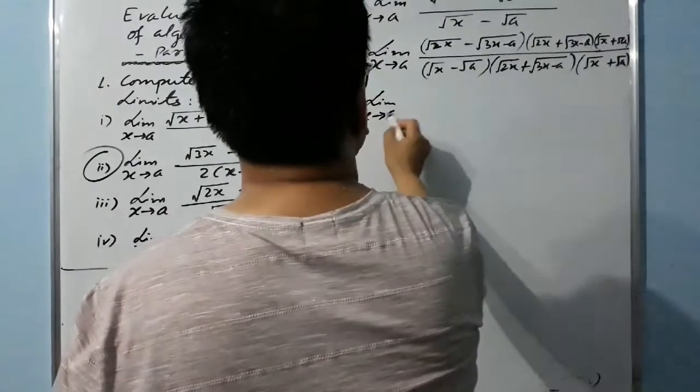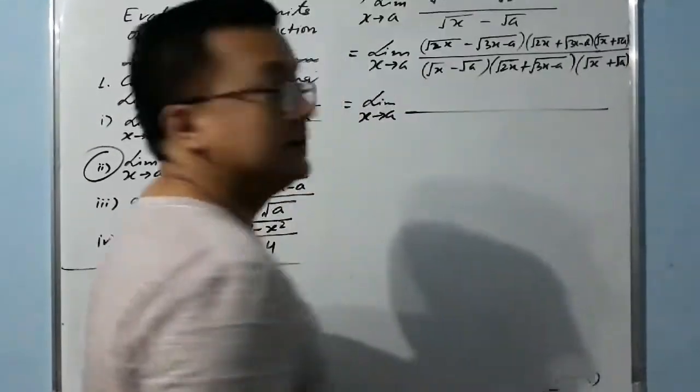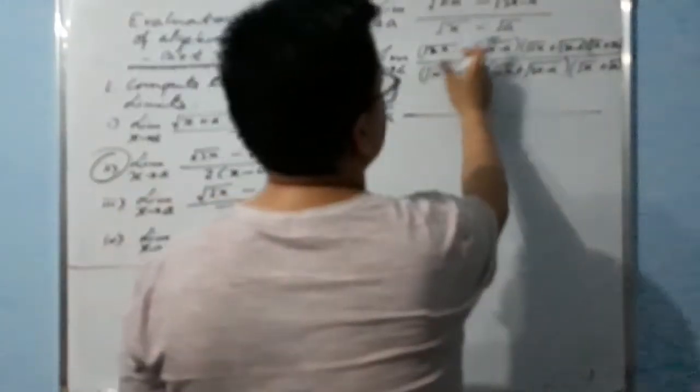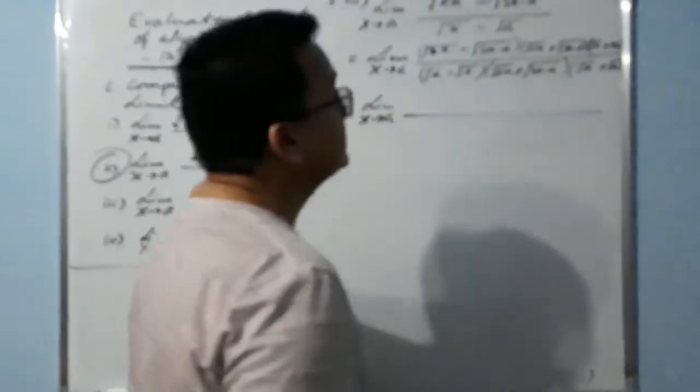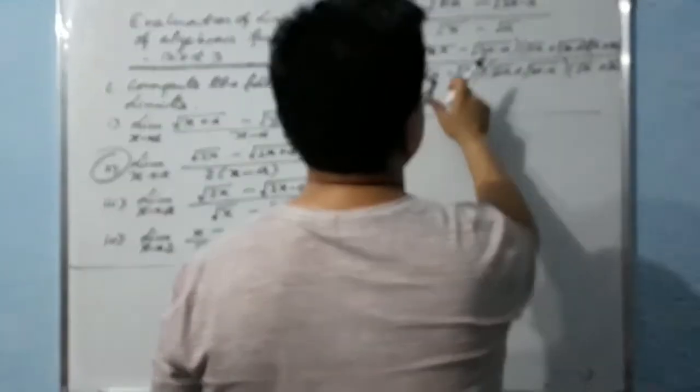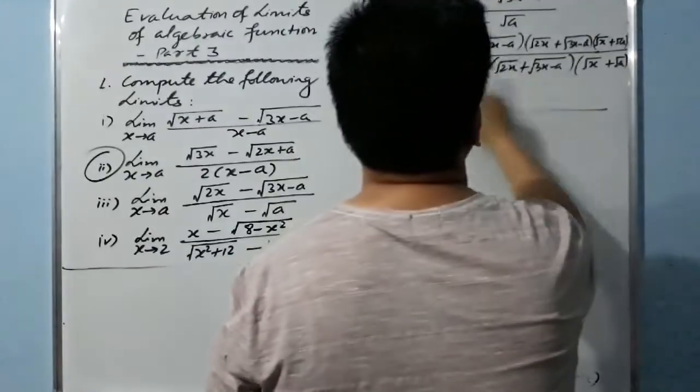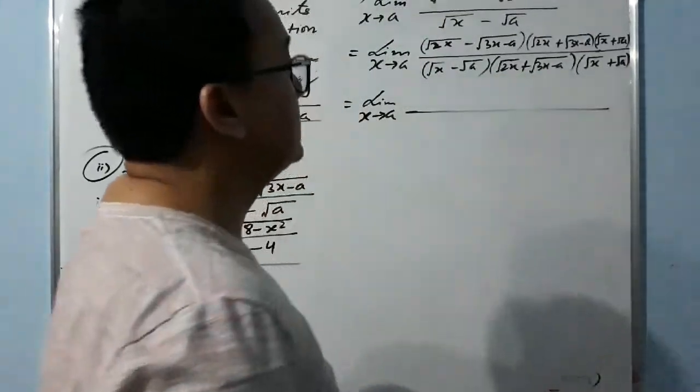And the next task, limit as x tends to a. Now let's simplify. Here also we'll use the a minus b, a plus b, a square minus b square formula. So we can simplify these two using a square minus b square.